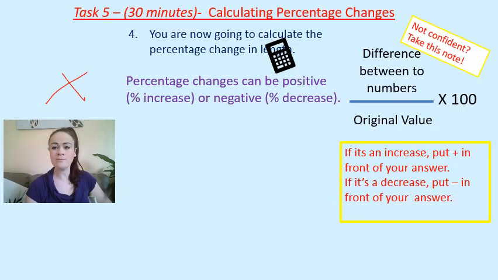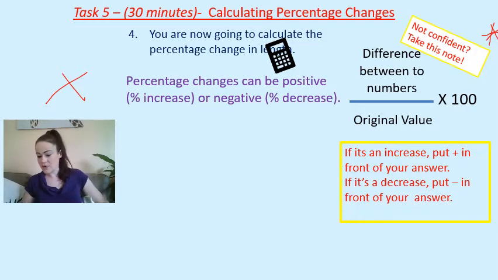This here is our equation for calculating our percentage change. First, you find the difference between the two numbers, so the starting number and the end number, and then you divide that difference by the original number, so in this case the starting number, and then you times it by 100. But what's really important is you have to find the difference first, okay?